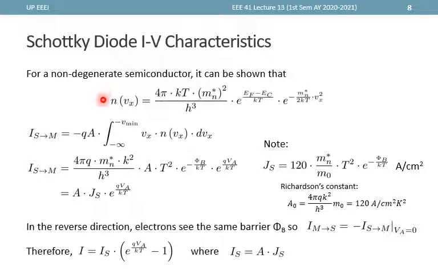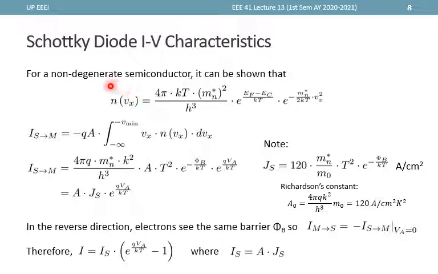Now, this one should be somewhat familiar in form, as it takes some of the constants and can be derived from the density of states. However, the density of states is in terms of density per energy, but we'll have to convert that to density per velocity.